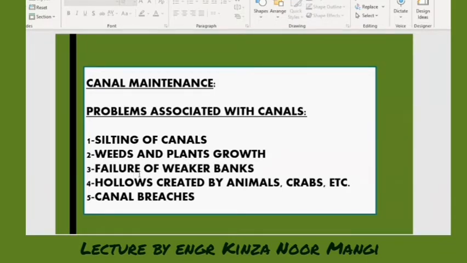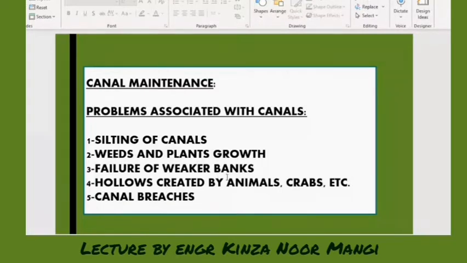Then third is the failure of the weaker banks. For example, if the canal is designed for a particular supply and suddenly a great amount of water is entering from the head, or any flooding or excessive rainfall has taken place, in that condition the water will overflow and can cause seepage at the banks level.